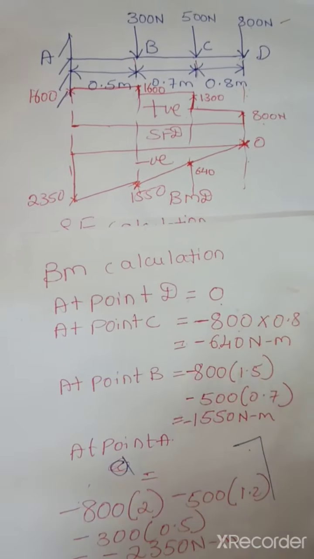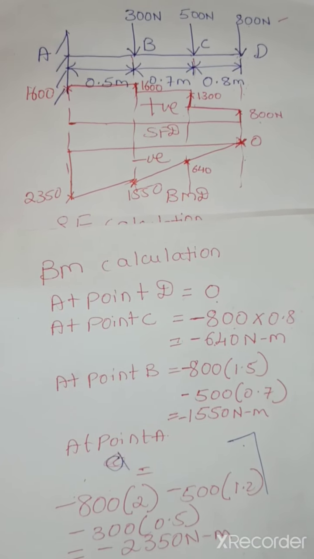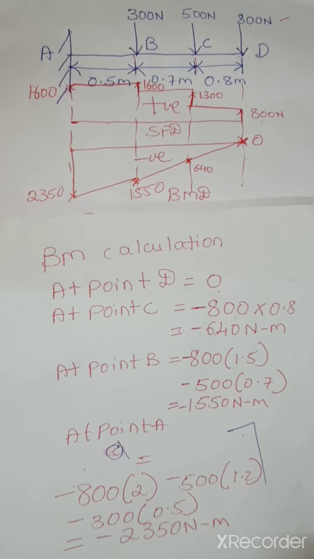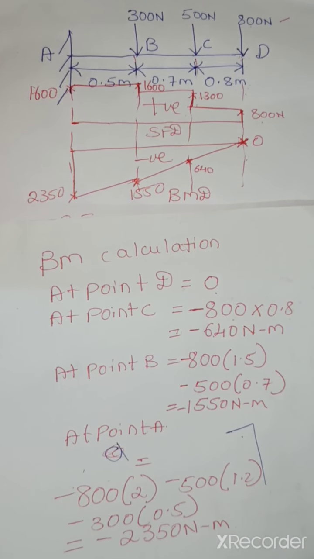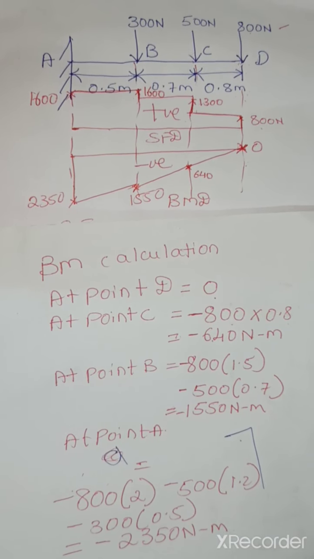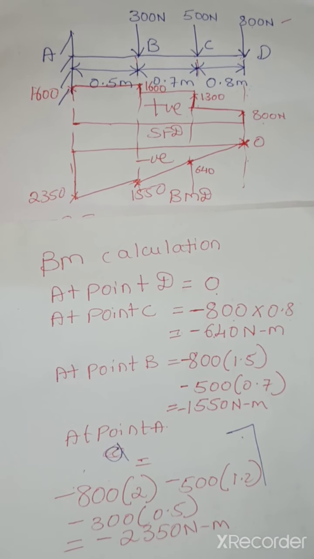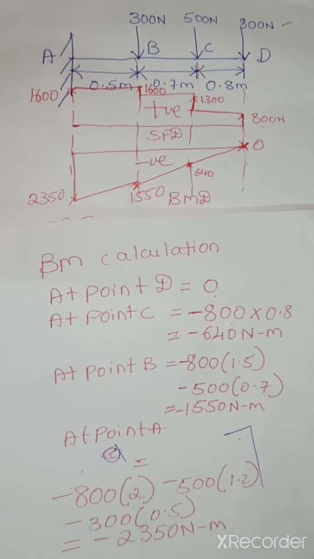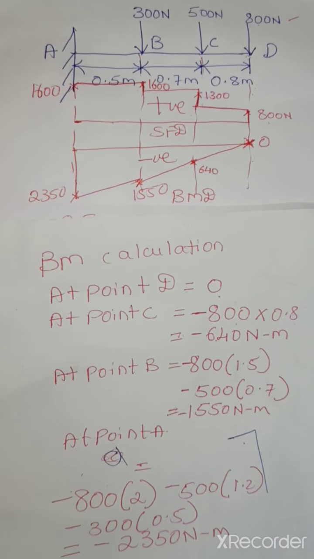So I just repeated the variation for the concentrated load: in case of shear force, the variation will be stepped, and whenever it is bending moment, the variation is linear.